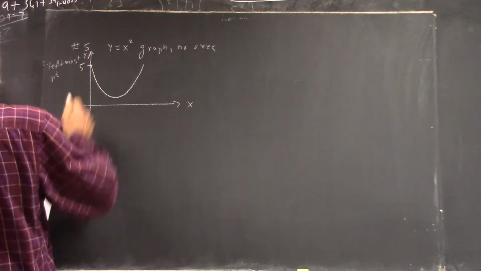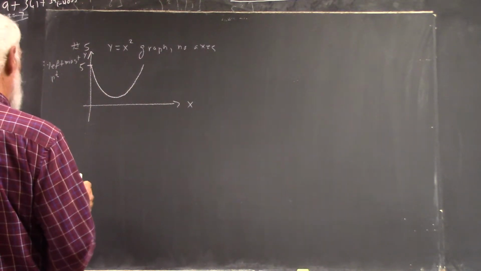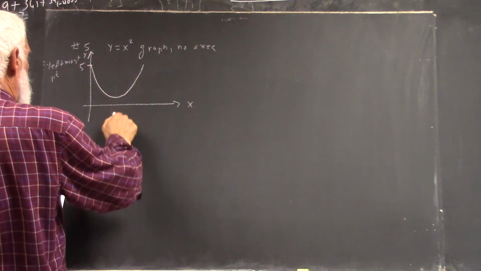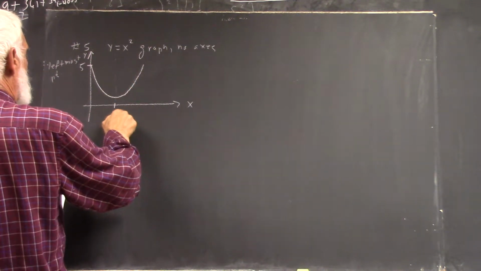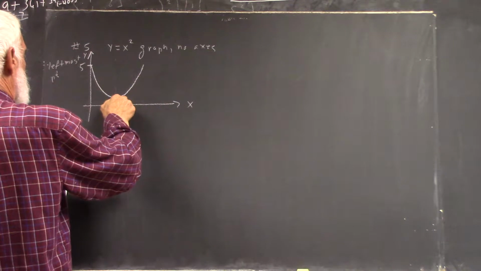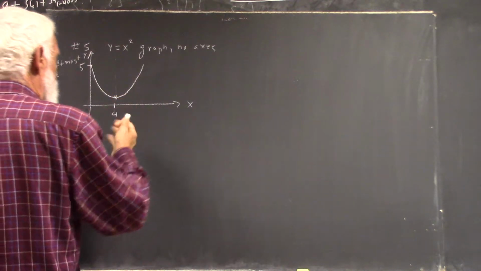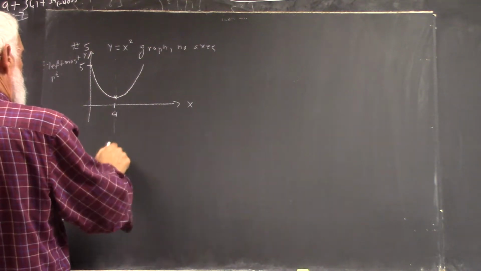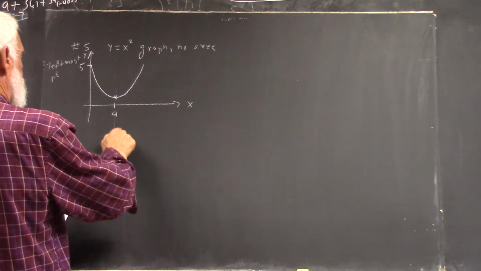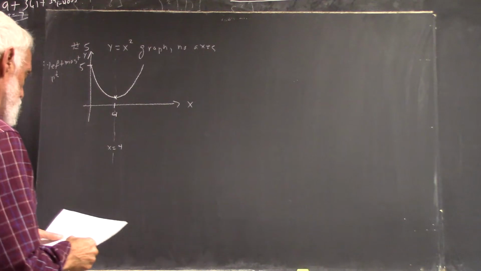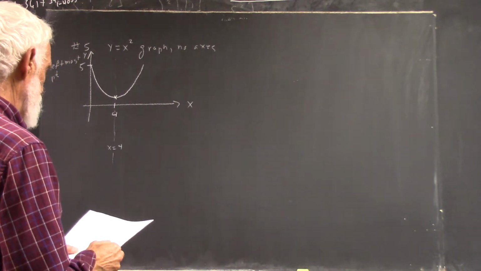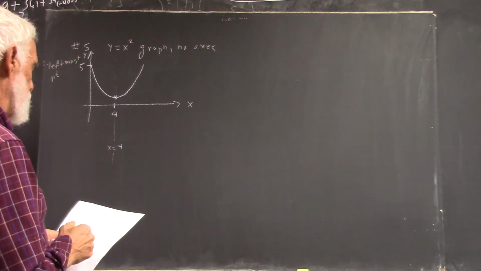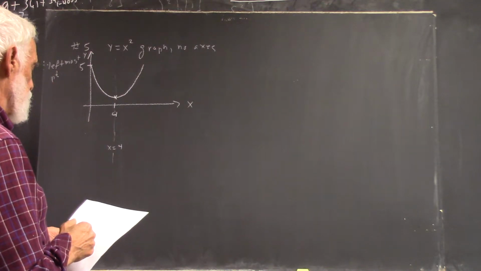So here's 5. And the x-coordinate of the vertex is B, which in my case would be 4. So this is the point. That's the vertex. Maybe we label that x equals 4 just so we understand. And then let the graph correspond to depth of water in the cylindrical container versus time in seconds.